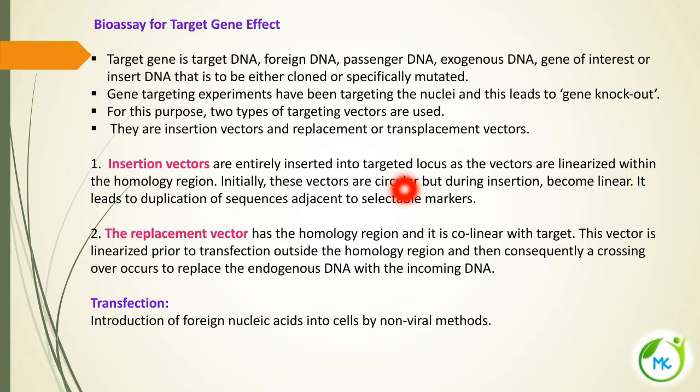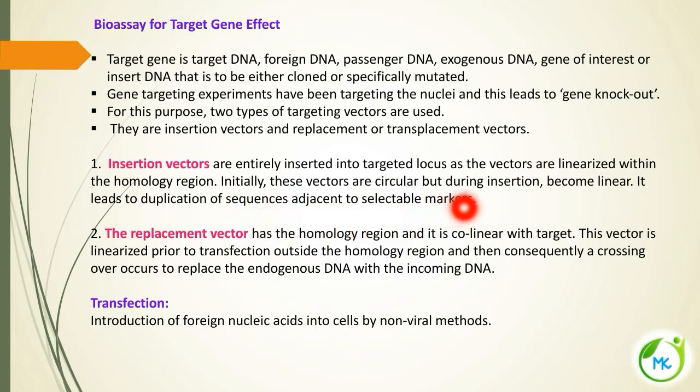Initially most of the vectors employed are plasmids. The plasmids are circular, but during insertion the vector is made linear. Okay, and this leads to duplication of sequences adjacent to the selectable marker.